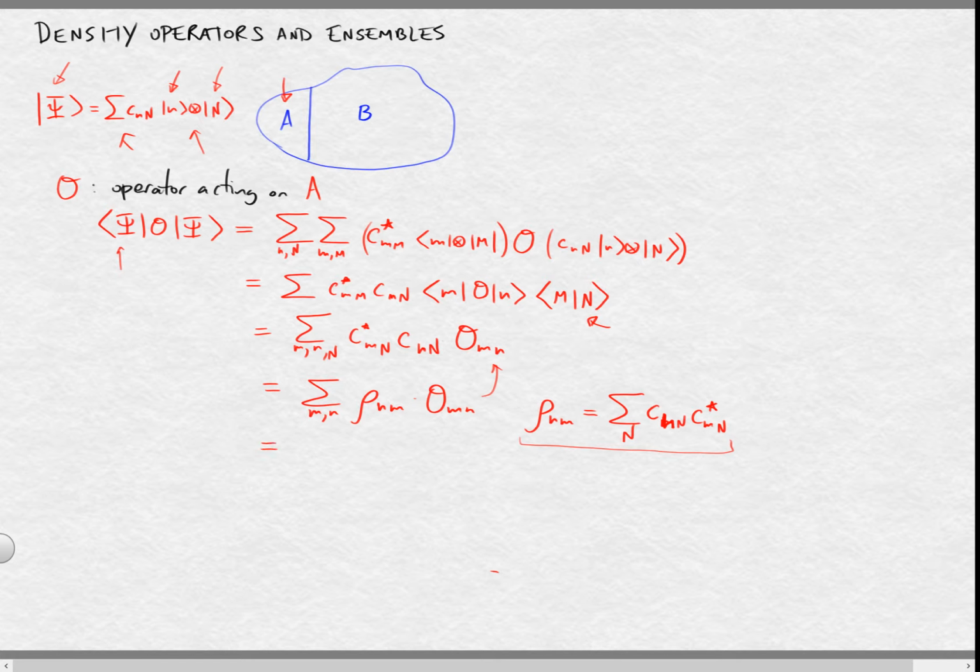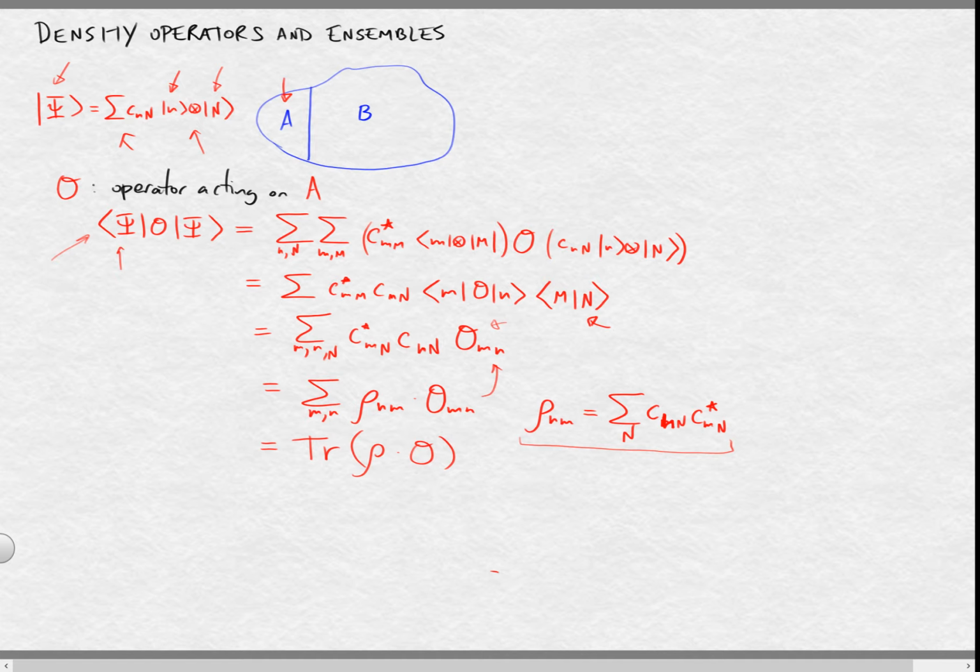But now we recognize the formula at the bottom as just the way that we would write the trace over this matrix rho times the matrix that we get from these matrix elements of our operator. Okay. And so in the end, what we find is that you have the original expectation value of the operator O, which is acting on the A subsystem.